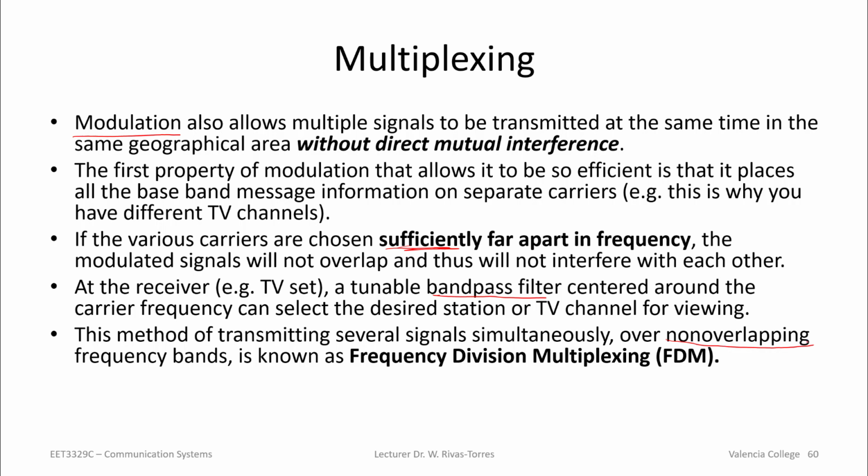That means you look at the bandwidth of your TV signal, and you make sure that the next one, which is going to have about the same bandwidth, you separate them so that no part of these signals overlap each other. And you have what's known as frequency division multiplexing, and we abbreviate that with the acronym FDM, right? So whenever you hear talk about FDM, now you know what that means, right? And that's how you get all your channels on your radios, TVs, etc.